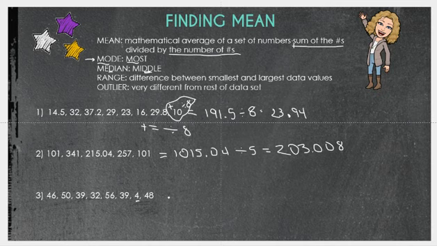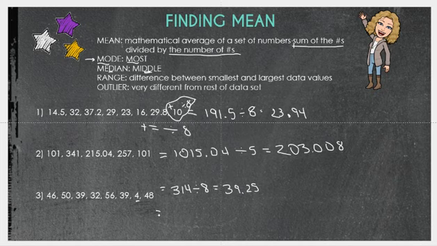So I will have students find the mean with the outlier and without the outlier so that they can see what difference is made when there is a value that is very different. So if we do this with the outlier, the sum is 314, and we have 8 values, so we divide by 8. And our mean in this case is 39 and 25 hundredths.